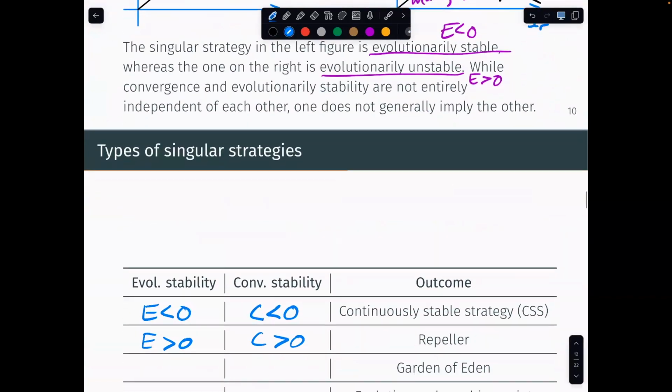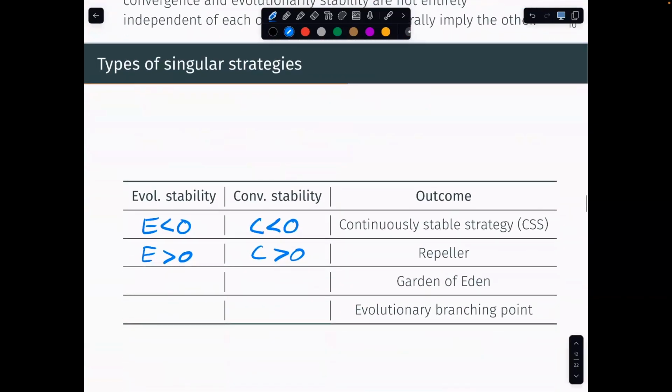Strictly greater than. In all of these cases, I would tend to avoid talking about the 0 cases just because they're not very biologically plausible. Any case where you essentially sit on a knife edge isn't biologically plausible, because as soon as you change one tiny thing about the system, you're going to be put into something that's stable or unstable.